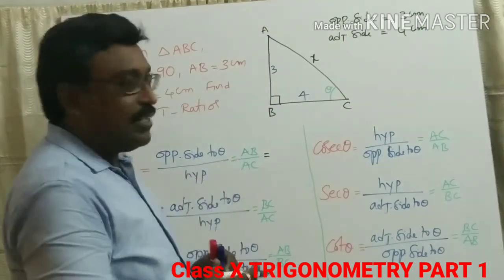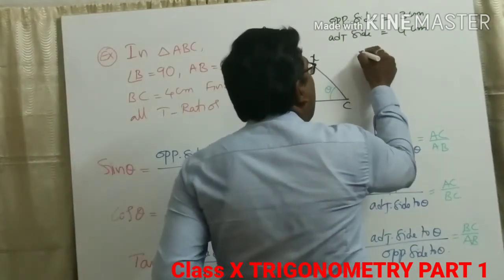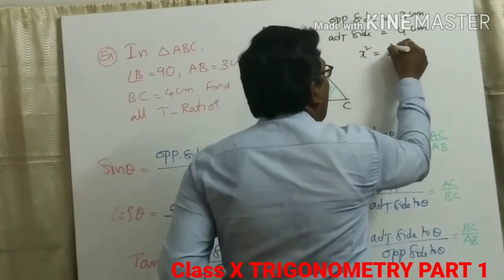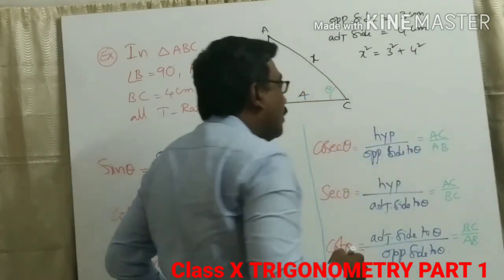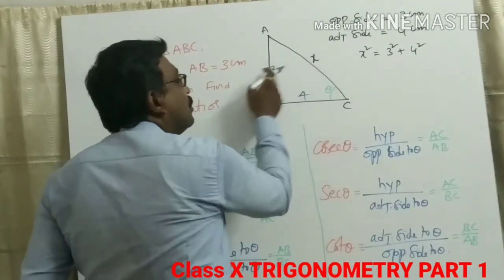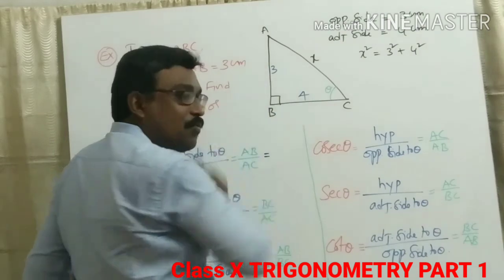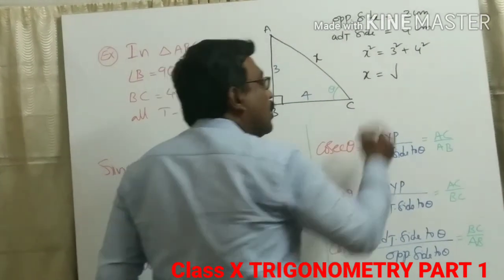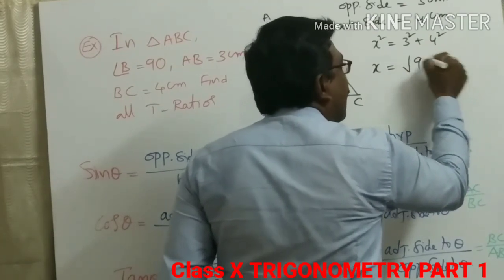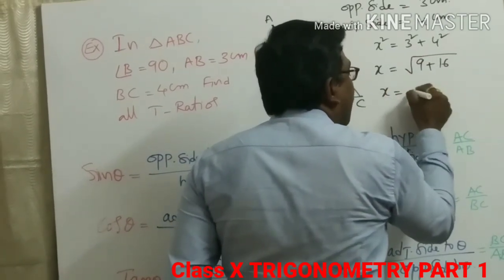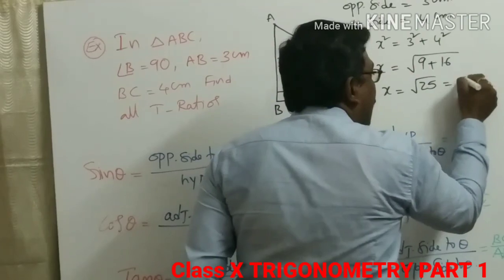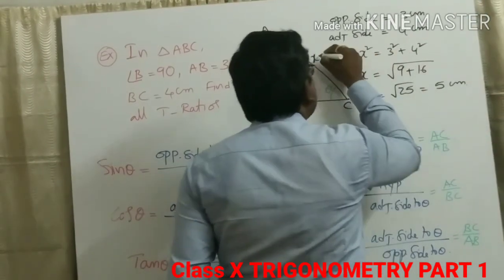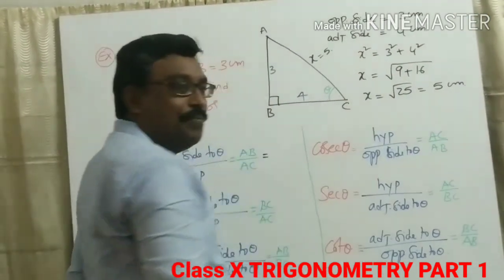By using Pythagoras theorem, side square plus side square is equal to hypotenuse square. So x square is equal to 3 square plus 4 square. So square goes to that side, root of 9 plus 16, that is root of 25. That is 5 centimeters. x is equal to 5.